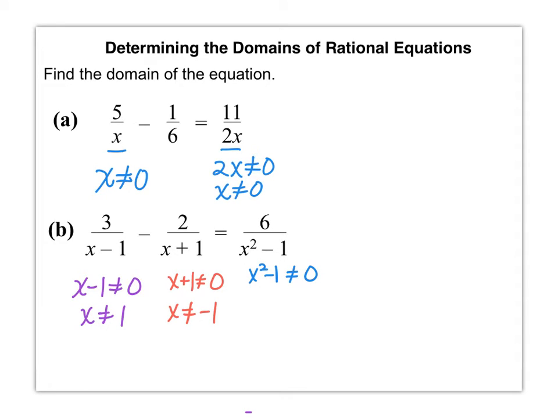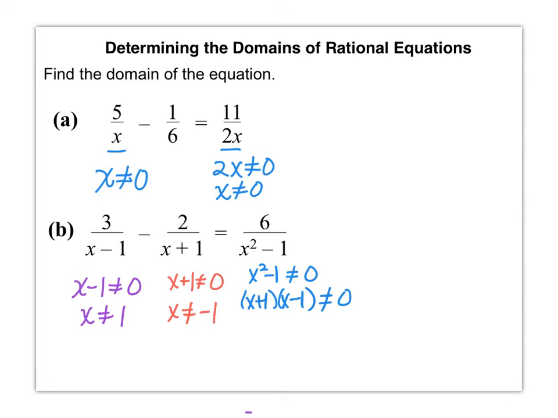The x squared minus 1 is a polynomial that can be factored. The factors of x squared minus 1 are x plus 1 and x minus 1. The product of those two factors cannot equal 0.